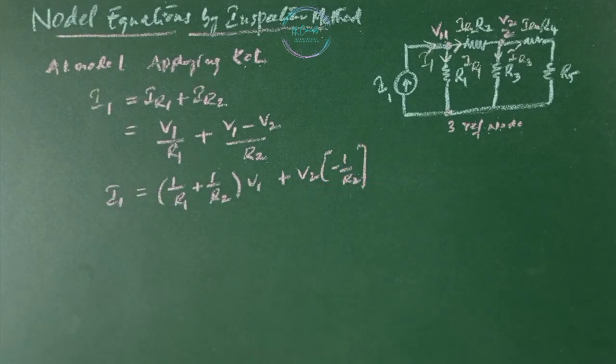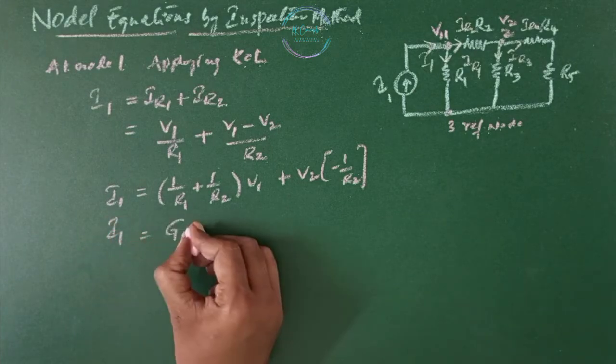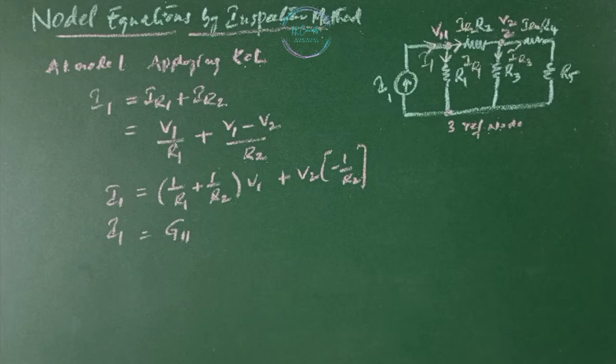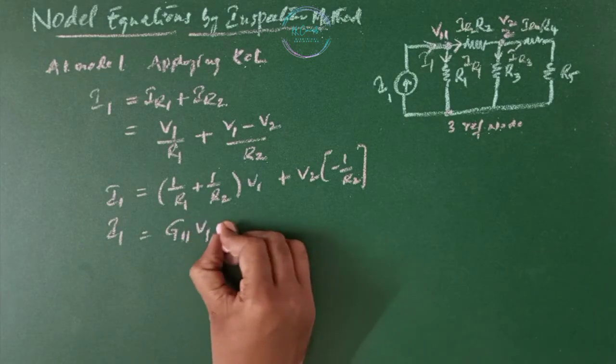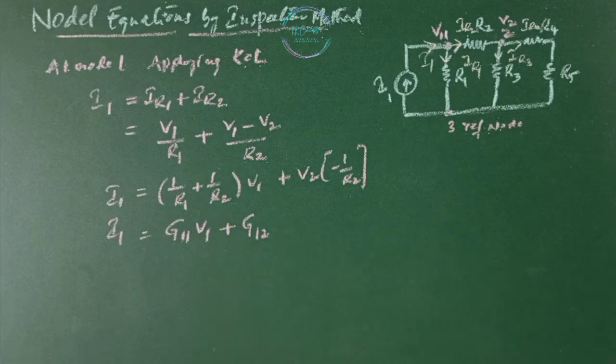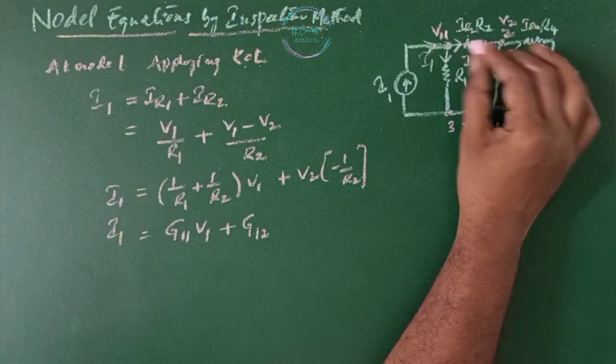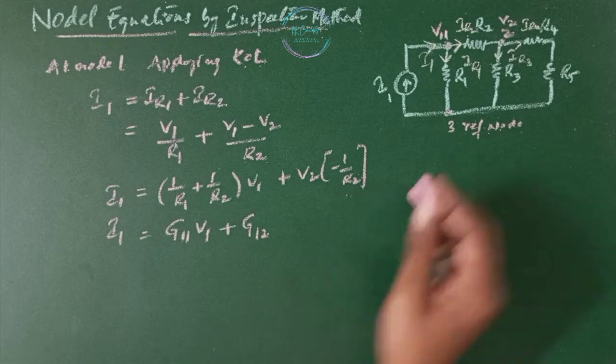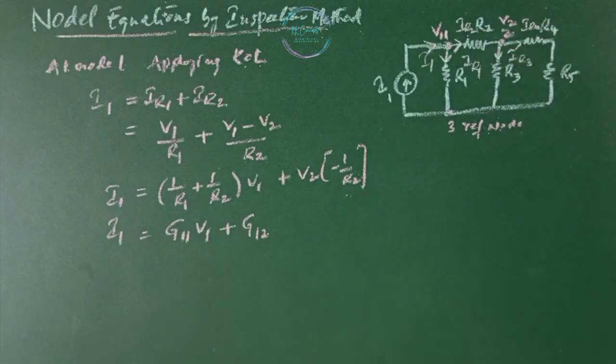This is in the form of I1 equals the sum of the conductances of node 1 multiplied by the voltage V1, plus the sum of the mutual conductances times V2. Since we have only one resistor here, we are considering this as one conductance. If we connect one more conductor here, then we get the sum of the conductances.